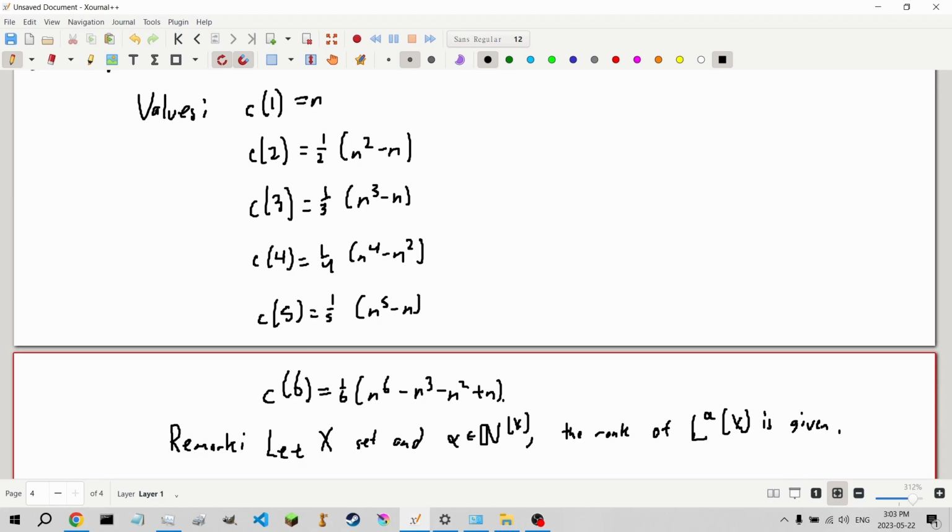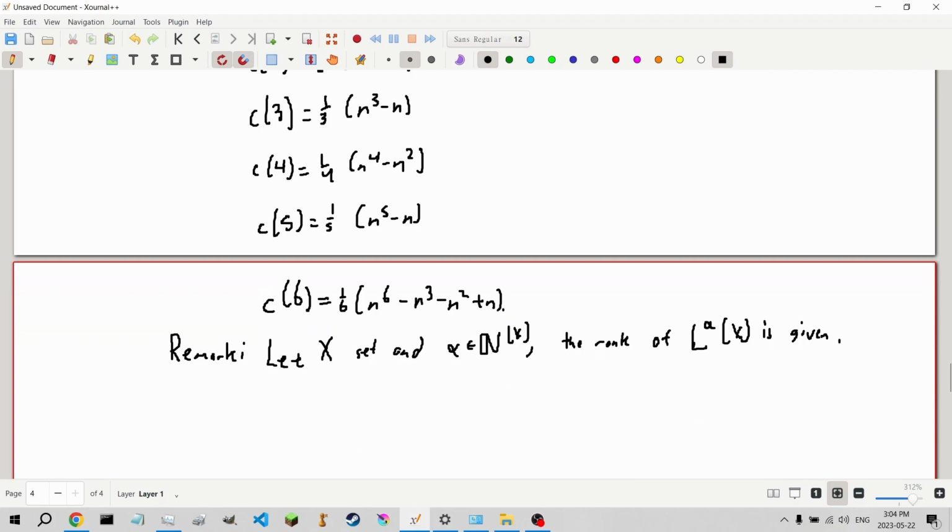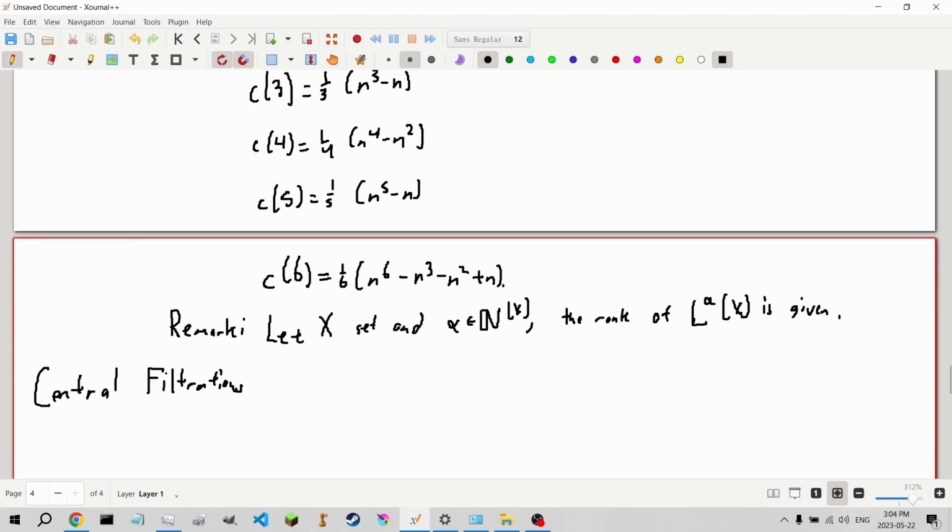It's been less than half an hour. We're going to start our next chapter, but it's kind of always awkward to do it mid-video, but that's how it goes. So our next chapter here is central filtrations, specifically real filtrations.